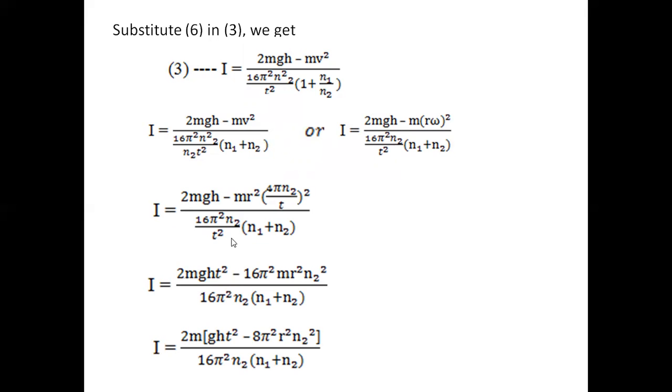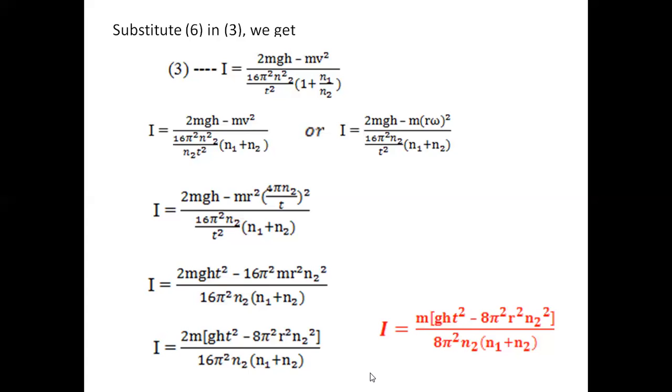Again substituting for omega, 4 pi n2 by t whole square, divided by 16 pi square n2 square by t square into n1 plus n2. After calculating this, finally we get I is equal to m into g h t square minus 8 pi square r square n2 square, divided by 8 pi square n2 into n1 plus n2. So this is the expression for the moment of inertia of a flywheel.